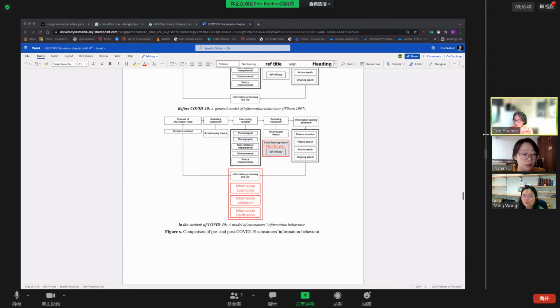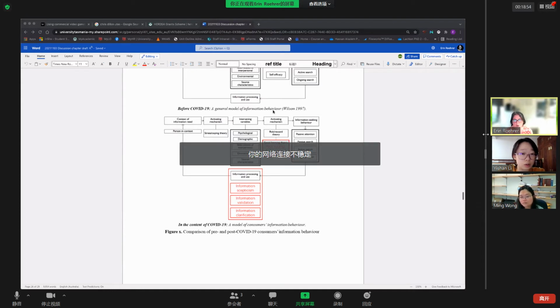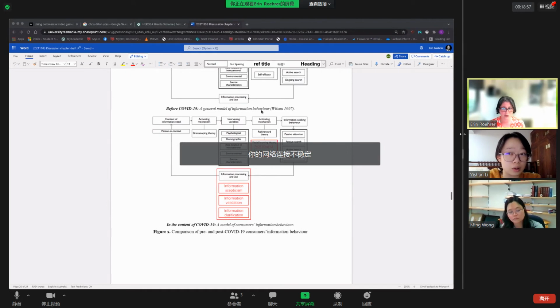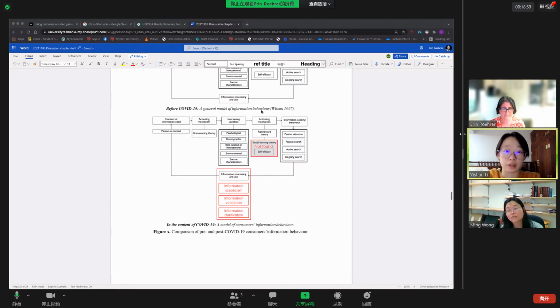Yeah, Ming Chao was asking you, those 3 sections, is that something that was already in existence, or something that through your research you've come up with, these 3 things are also important and they're not in that current model? It's not in the Wilson's model, but someone has mentioned the information validation, but it's not an important point of the traditional models.